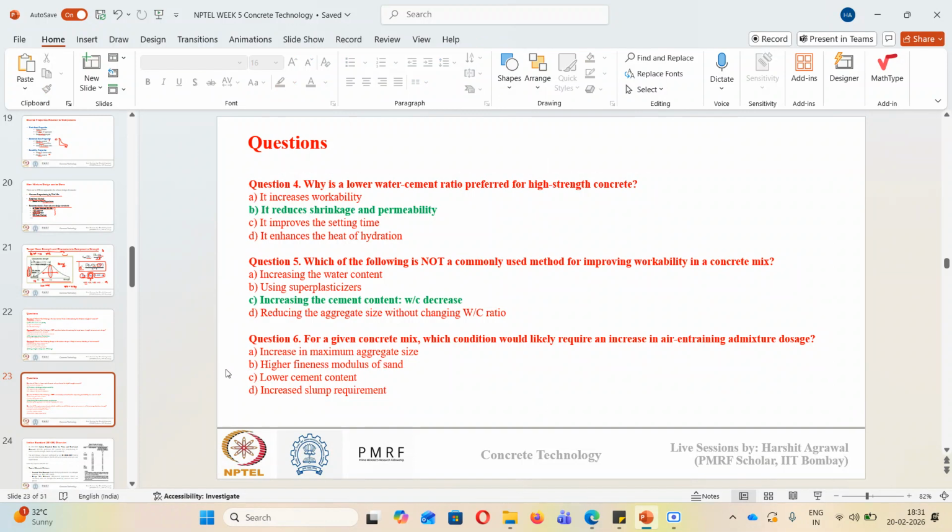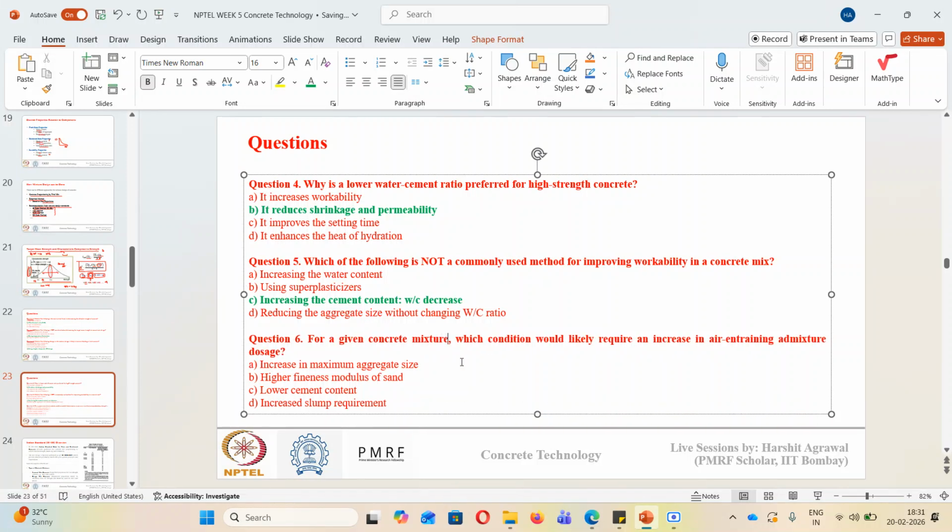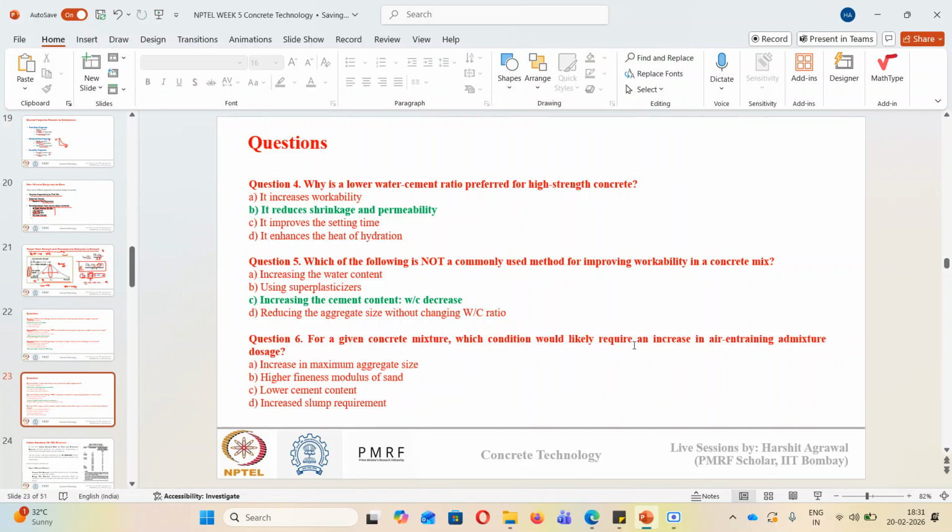Question number 6. For a given concrete mixture, which condition would likely require an increase in air entraining admixture dosage?